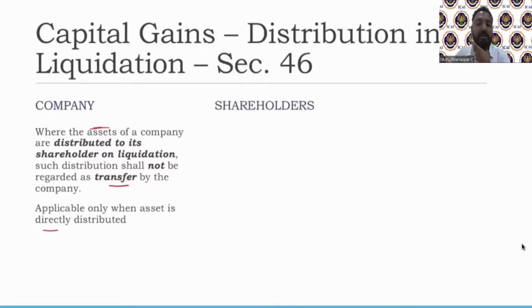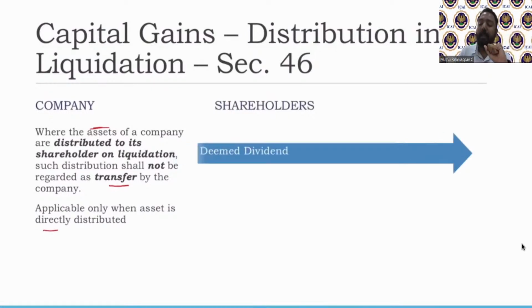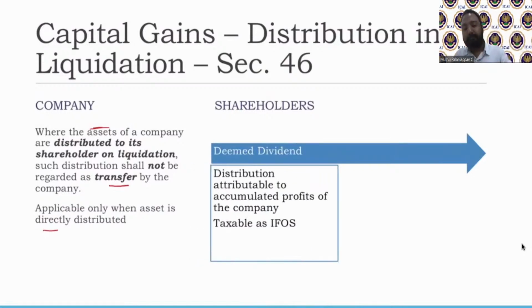What about the shareholders' angle? Since it is not a transfer by the company, it is not taxable as capital gain on transfer. As far as the shareholders are concerned, the first concept is deemed dividend. One portion of the distribution will be considered as deemed dividend, to the extent of accumulated profit.